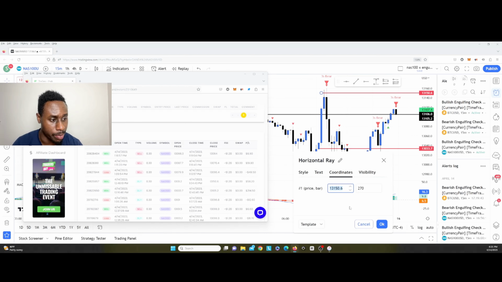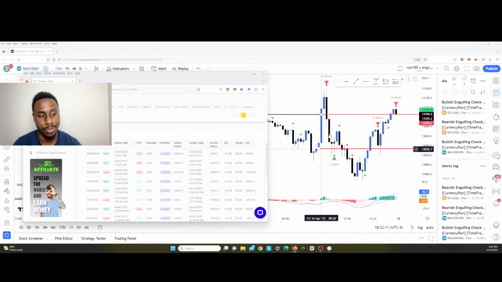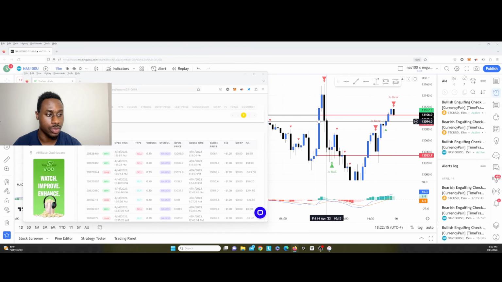I like when it actually makes sense. So I'm looking at this trade. I bought it at 13,033.7, you can see it, and I sold it at 13,105.2. As the market pushed up, I was like, yep, I don't want to hold this trade for too long. Let's bounce, right?